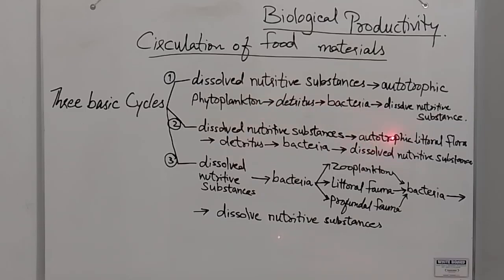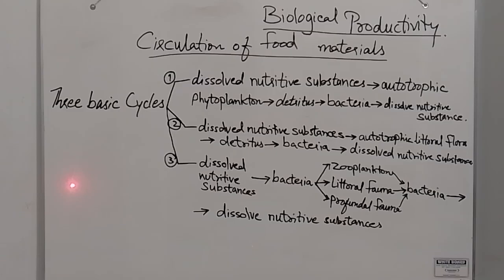The autotrophic littoral flora use the dissolved nutritive substances, and after the death of this littoral flora they convert into detritus, and this detritus is used by the bacteria and again converted into dissolved nutritive substances. So this is the second cycle, in which the autotrophic littoral flora participate.